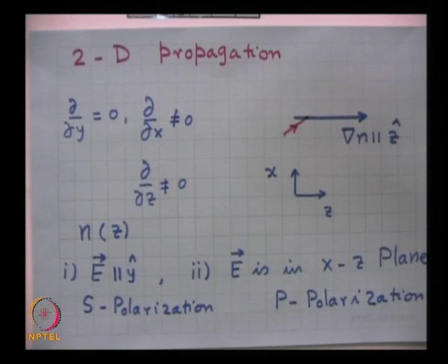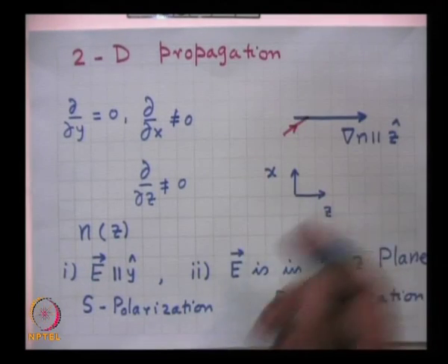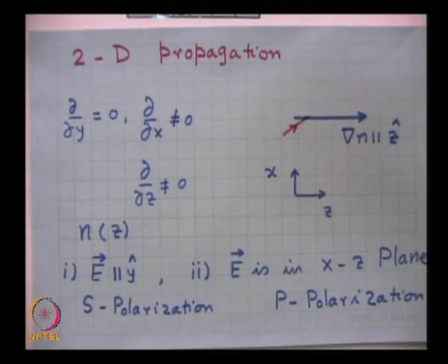So, if my wave is traveling with electric field in the y direction, and the medium properties do not change with y, you will just see that the wave will maintain its y polarization.